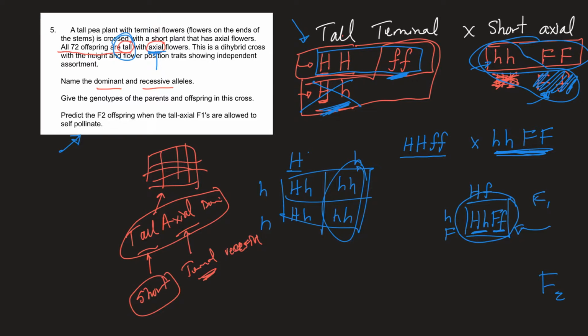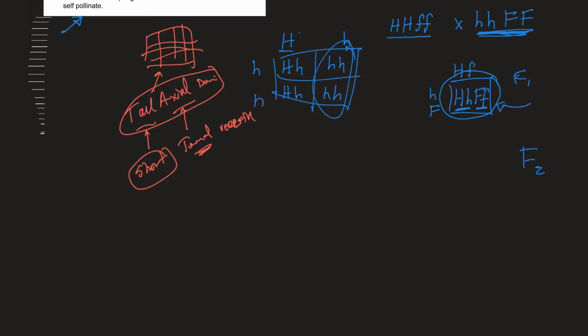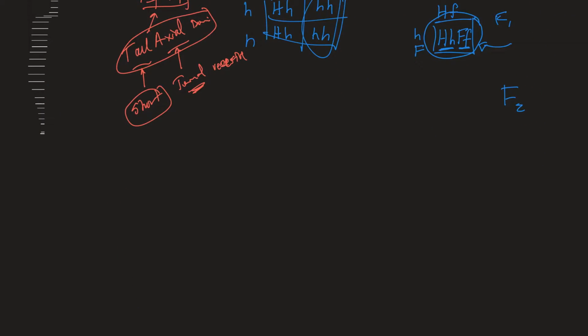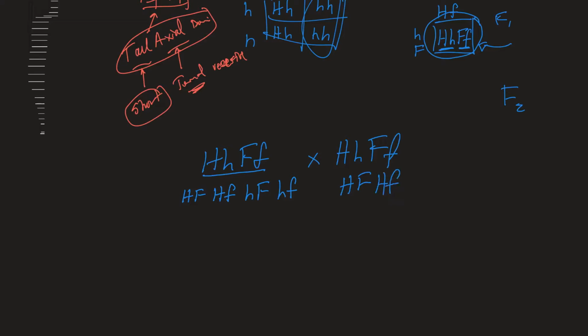Okay, so if we do that, if I cross an HhFf with HhFf, then the gametes that this can give would be a capital H, capital F; capital H, little f; little h, capital F; little h, little f. And then this one here will be the same thing.